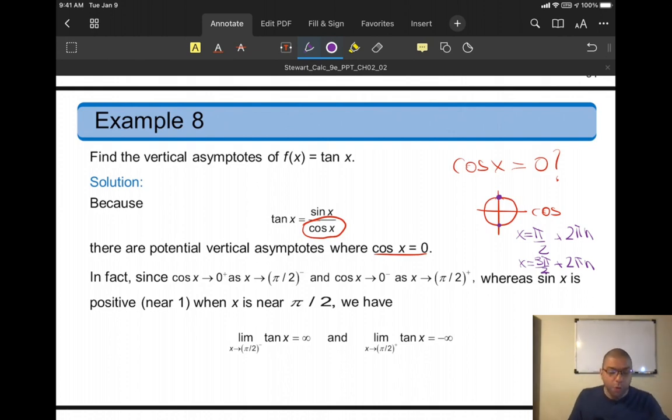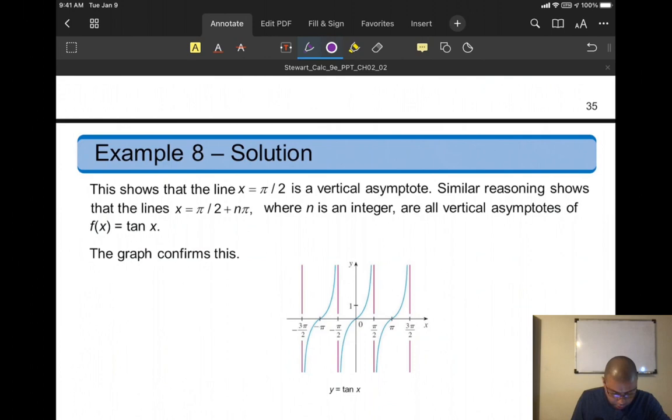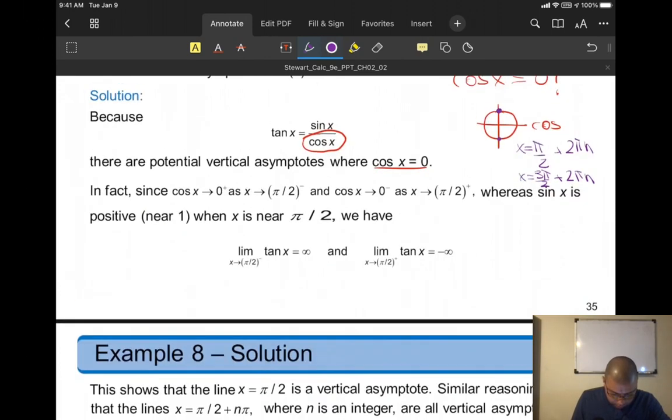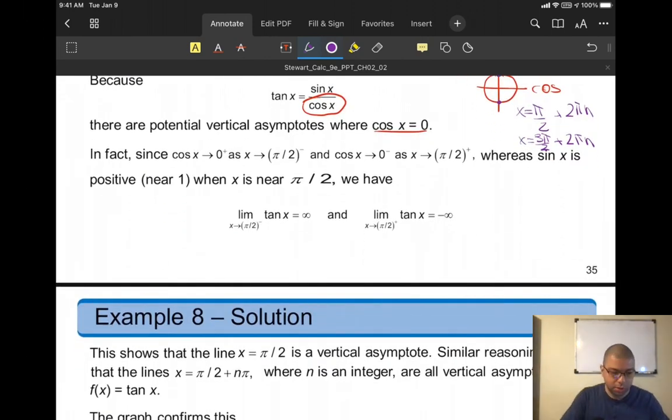And now you're asking what happens to tangent x if I choose values closer and closer to pi over 2. Let's see what pi over 2 is in a calculator.